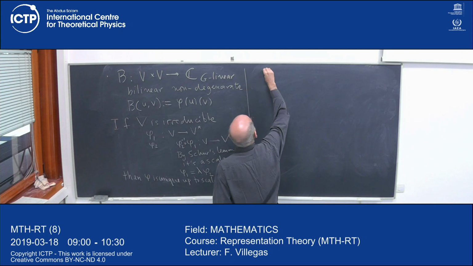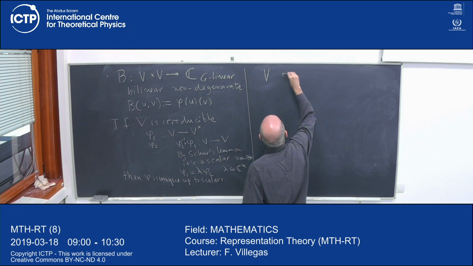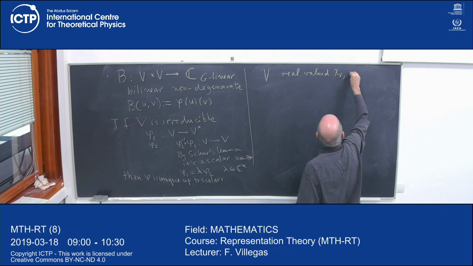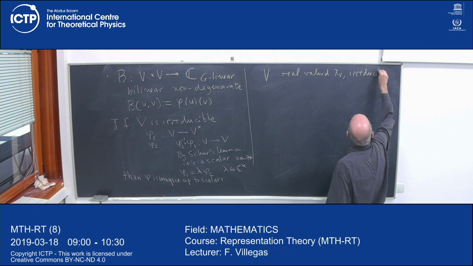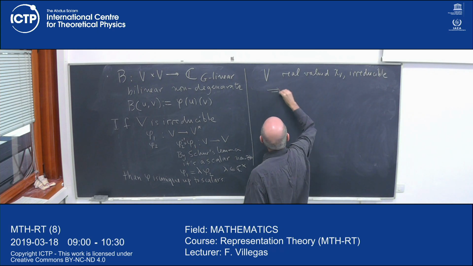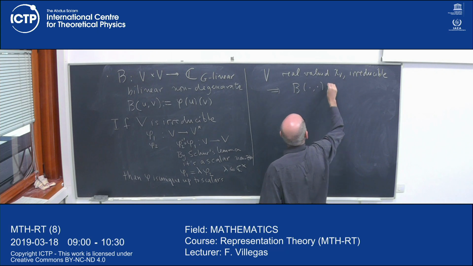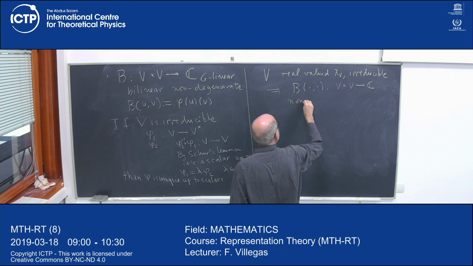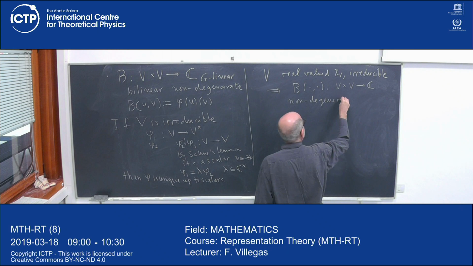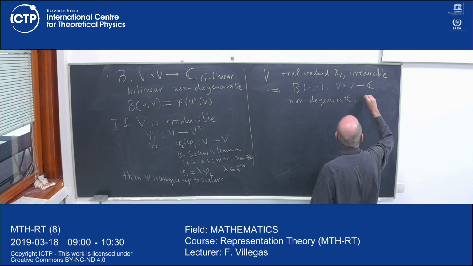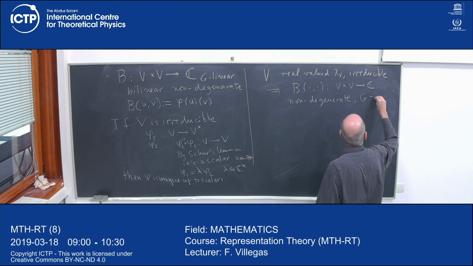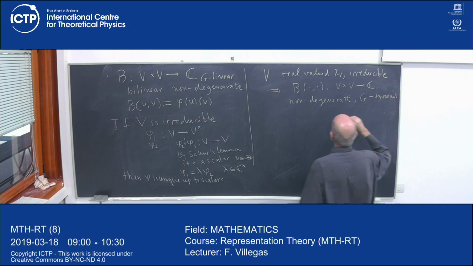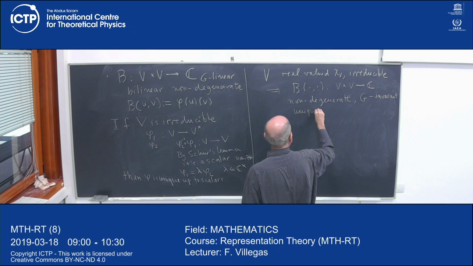So let me summarize: if V has a real valued character and is irreducible, then there is a bilinear map from V times V to C, which is non-degenerate, G invariant, and unique up to scale.